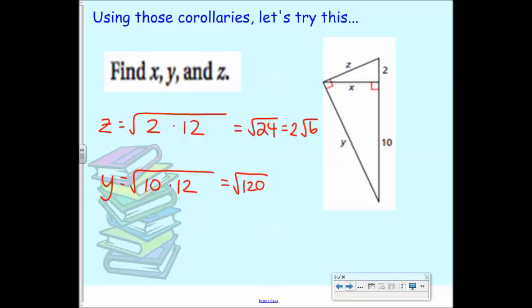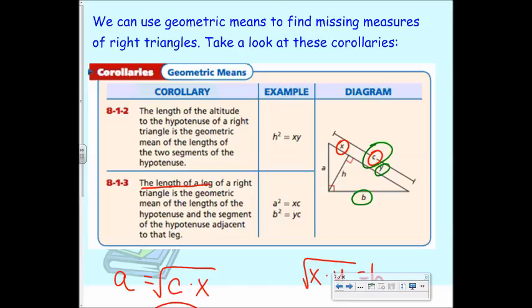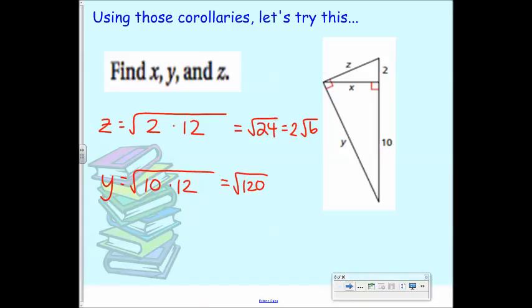Go back to our corollaries. The altitude is equal to the geometric mean of X and Y, when X and Y are the what? Pieces of the hypotenuse. So then X would be equal to the square root of what? 2 times 10. Good. Which would be the square root of 20.